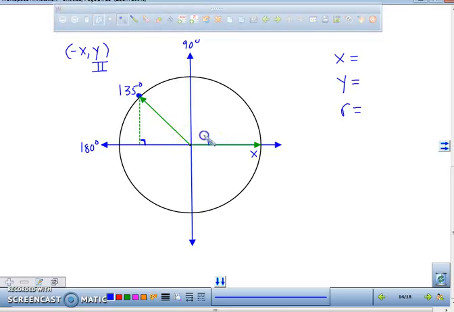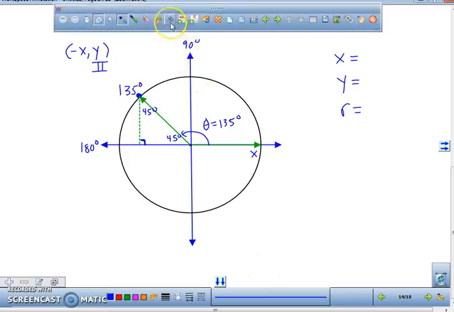What did we say theta was equal to? Theta was 135 degrees, which means this little angle right here is 45 degrees. Which means what kind of triangle do we have? We have a 45, 45, 90 triangle.